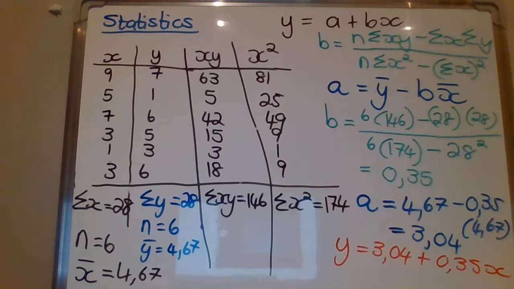So now let's say, for example, after you found your line of best fit, you are asked to find the value of y if x is equal to 5.